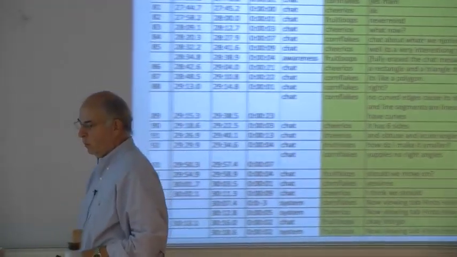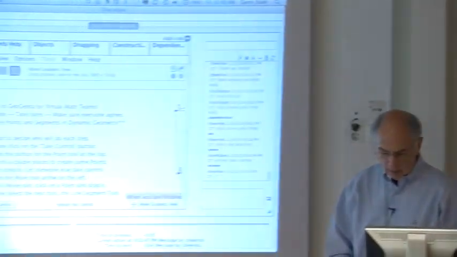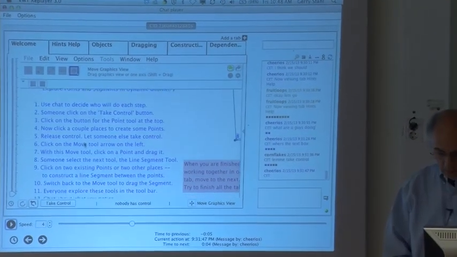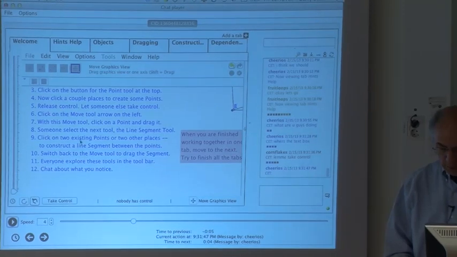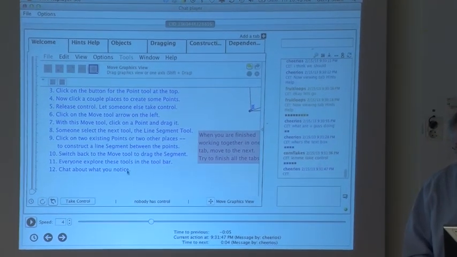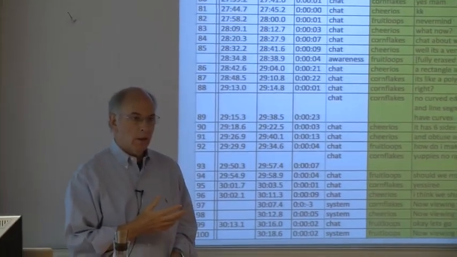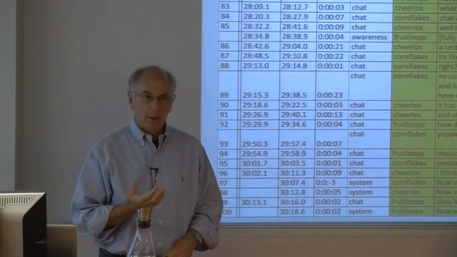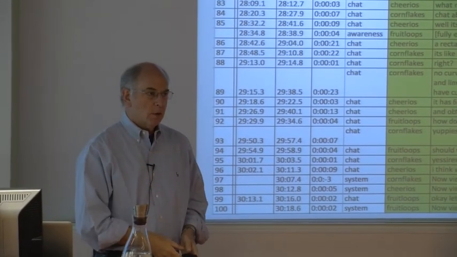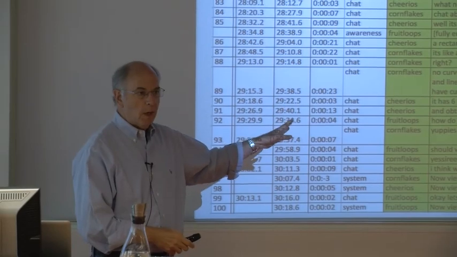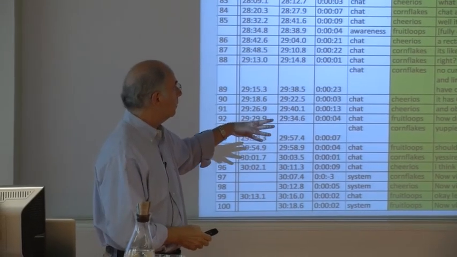So let's see what point 11 was. Explore the tools in the toolbar and chat about what you notice. So at this point they've done some GeoGebra work and they're starting to chat about what they've accomplished.